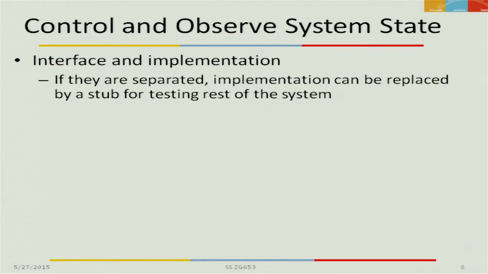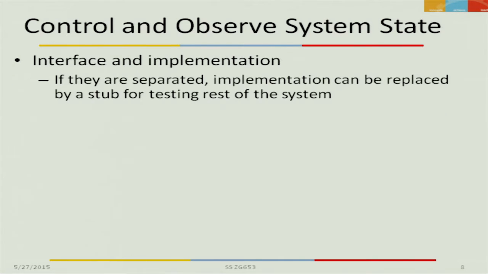So in other words, if you have a system having a set of interfaces and you want to test only some part of it but not all, and you know that some part of the interface is not well tested, you want to just skip it.